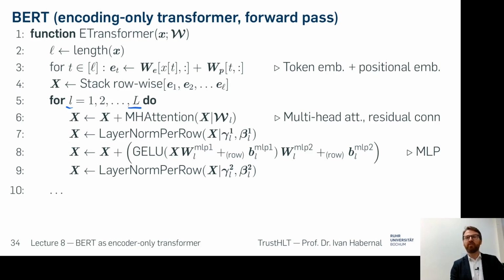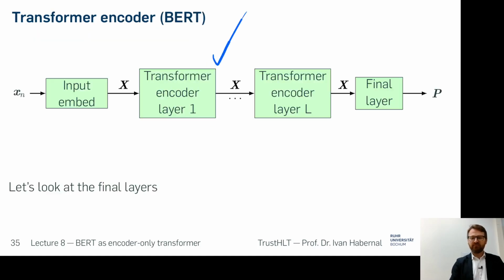Here we cannot parallelize, of course, because one layer comes after the next, like in deep learning, so you have to do it layer-wise. First the multi-head attention, then the layer norm, then this fancy multi-layer perceptron, which I just spell out as two linear projections with GELU in between, and the last norm. This is it. Multiply by how much you can fit into your GPU, and you have a part of the transformer already.